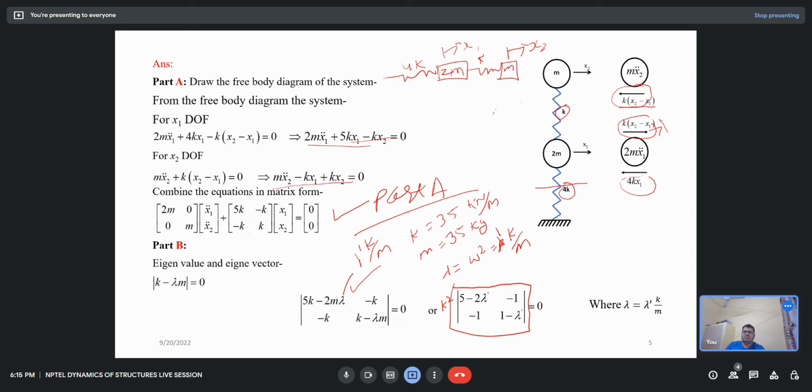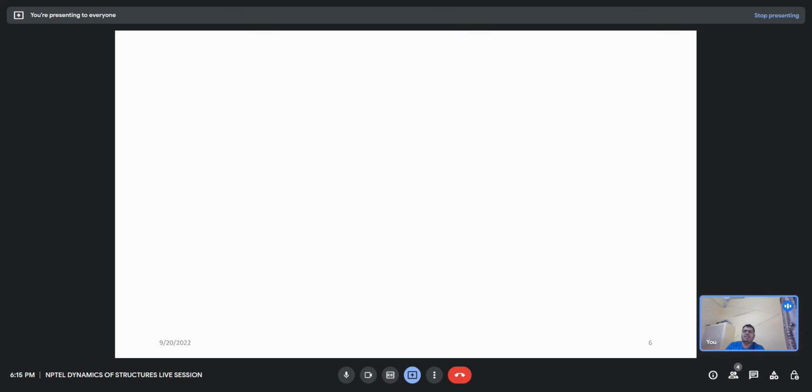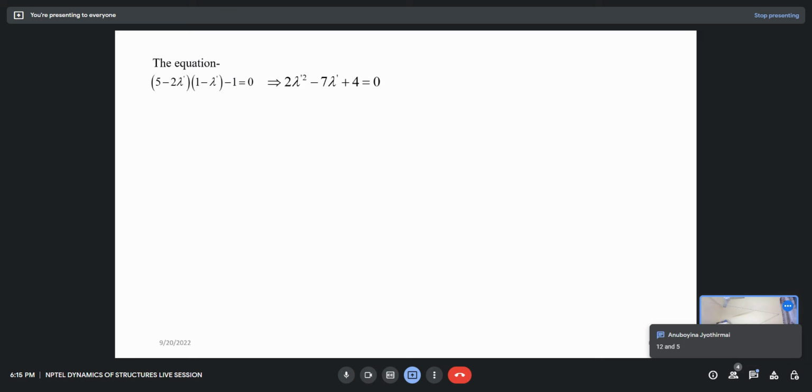If I solve this further, finding the determinant, this equation will become (5 minus 2 lambda dash)(1 minus lambda dash) minus 1. If I rearrange the terms, 2 lambda dash square minus 7 lambda dash plus 4. Okay, your answer was 12 and 5.